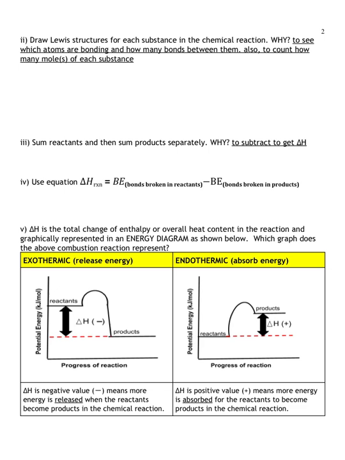Now we're going to do part B, Roman numeral 2. Roman numeral 2 says that we want to draw the Lewis structure for each of these substances in the chemical reaction. And this is our steps to really calculating what is called total change in enthalpy.